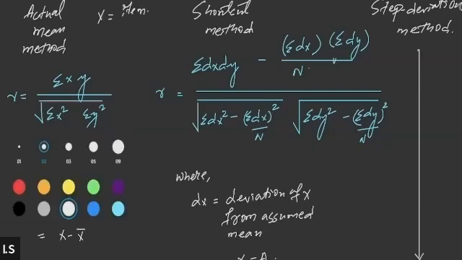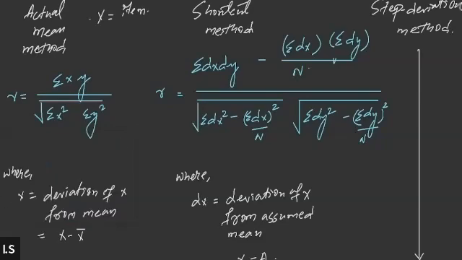But here x does not mean the item or the variable. x in the formula means deviation of x from their mean. To find out x, you will have to subtract the mean from the items.